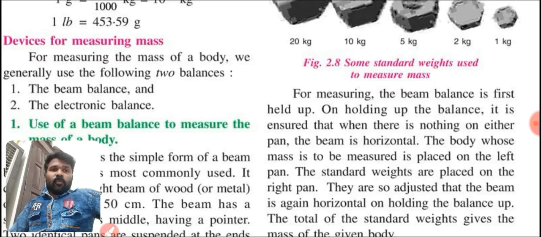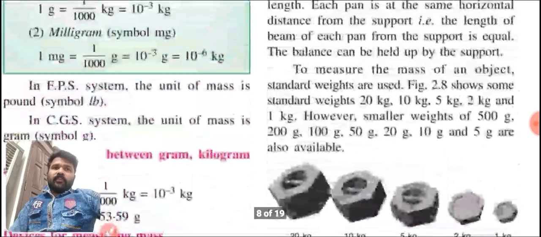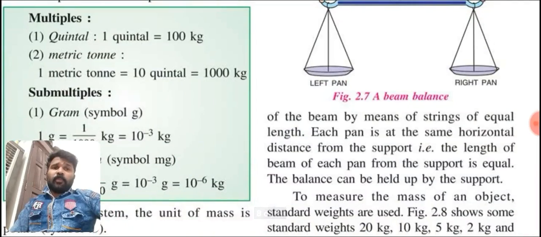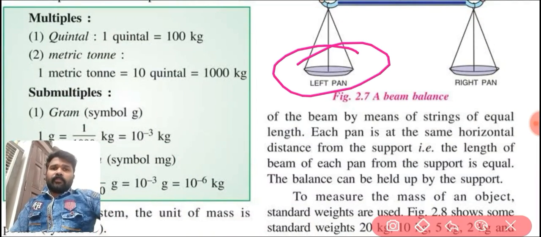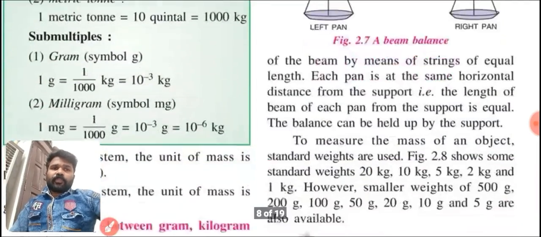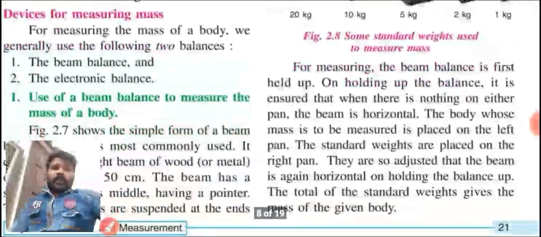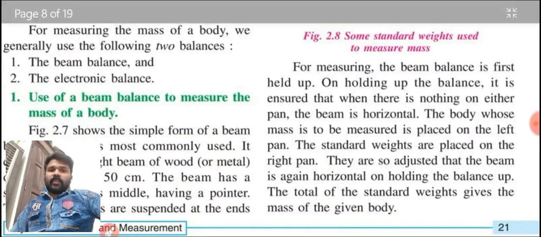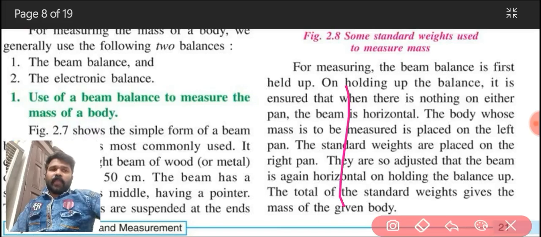The body whose mass is to be measured is placed on the left pan. The body which we want to weigh should be placed on the left pan. Then the standard weights are placed on the right pan.